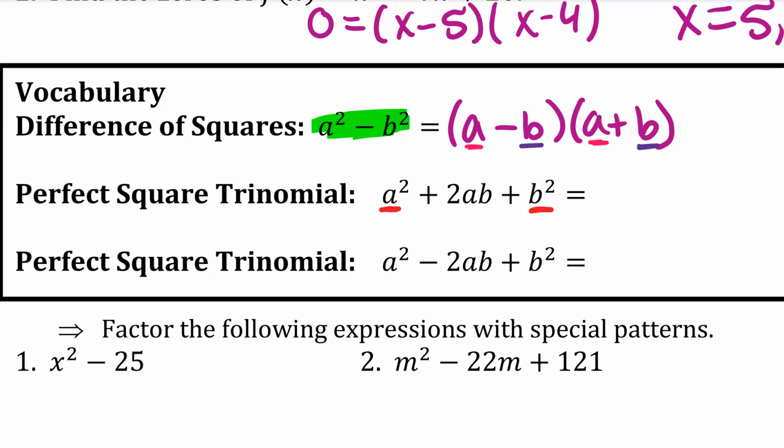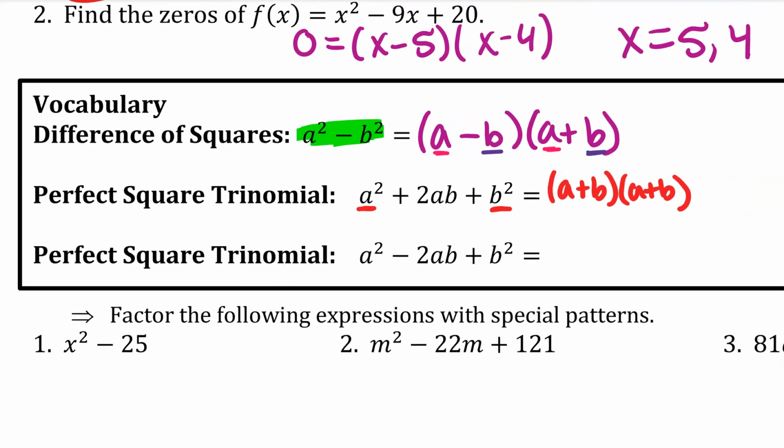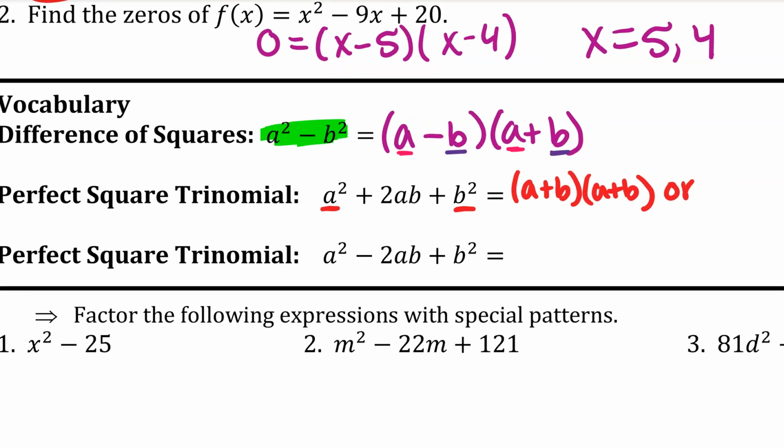I know your other teachers might feel differently, so check with them. But this one always factors down to a plus b times a plus b, the same thing times itself. You may also write that as a plus b squared because it is the same thing twice.